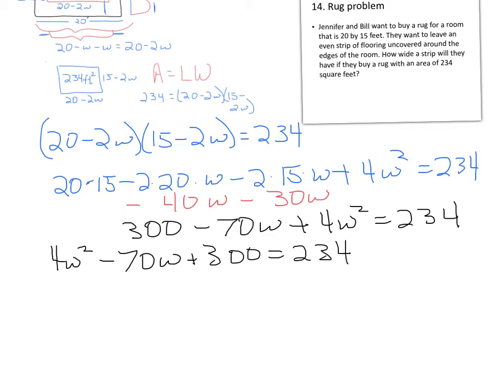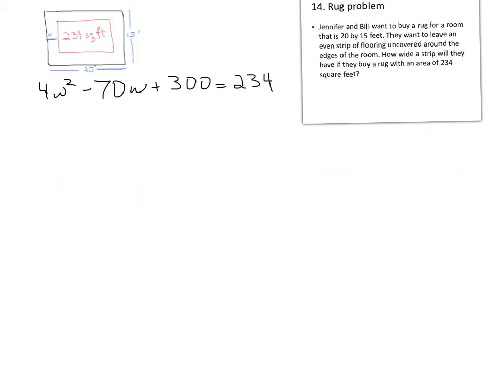Now to solve, we can use either the quadratic formula or completing the square. I think I'm going to use the quadratic formula, and to do that I need to rewrite this equation in standard form. So now I've rewritten the equation up at the top and cleaned it up a little bit. To rewrite it in standard form, we just subtract 234 from both sides, and so we get 4W squared minus 70W plus 300 minus 234 equals 0.